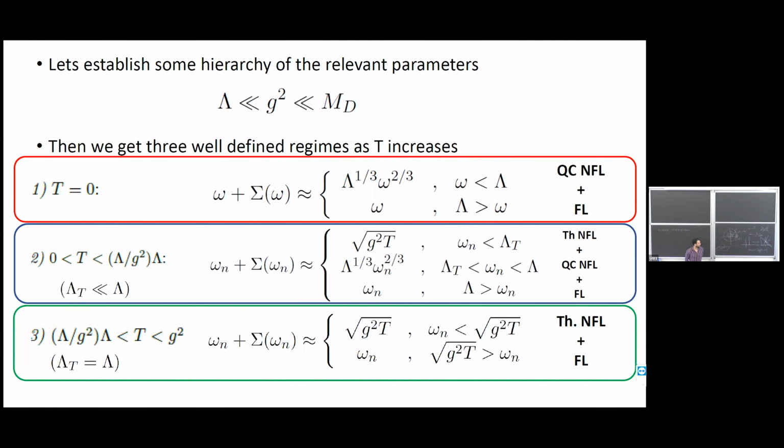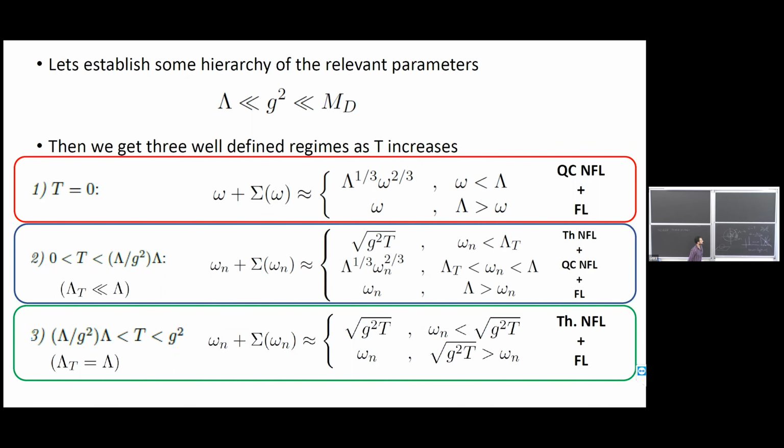So in order to do that, let me just establish some hierarchy in the parameters. This is not necessary, but it's just in order to have three well-defined regions. The first region is the obvious one, zero temperature, where the quantum critical point exists, and so it has only quantum critical scaling.